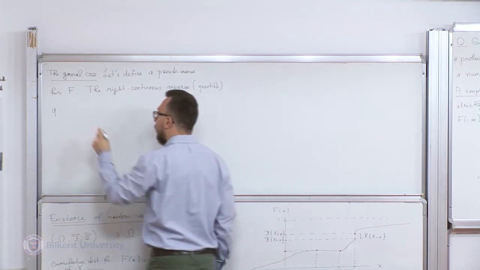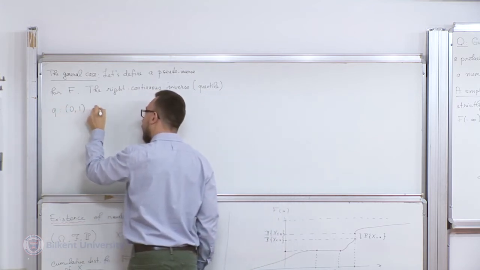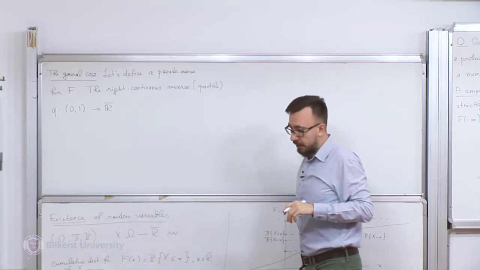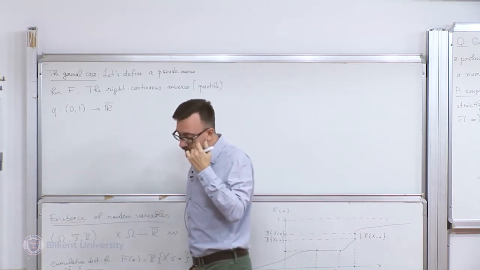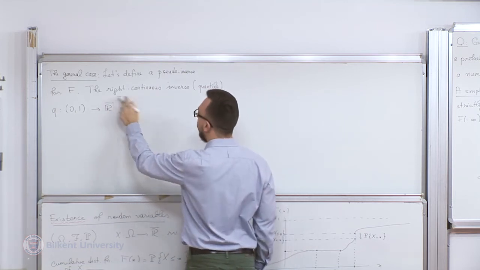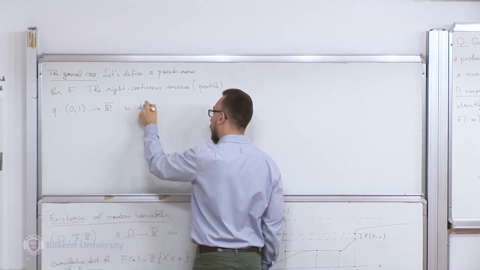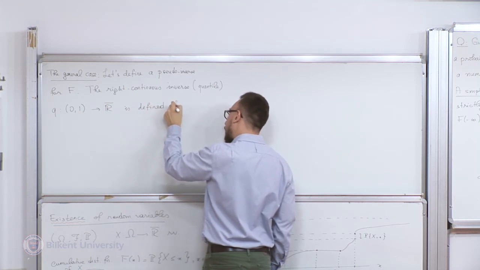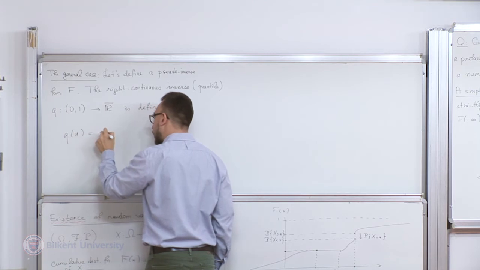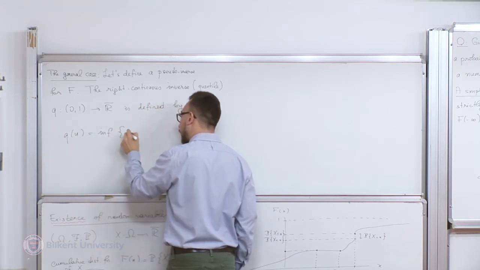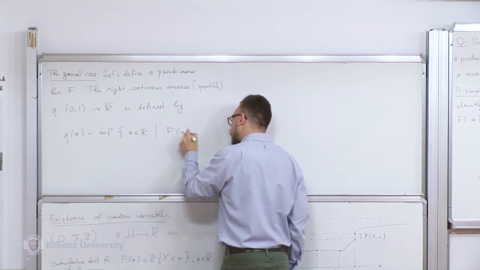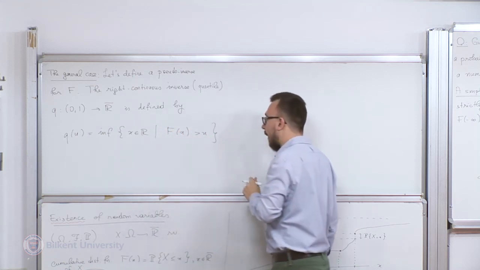Q is defined on the interval (0, 1) to the extended reals. Now it can have plus infinity as its value. So it is defined by Q of u is the minimum of x values for which f of x is above u.